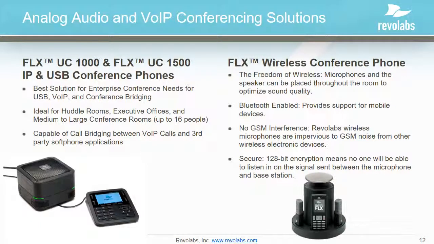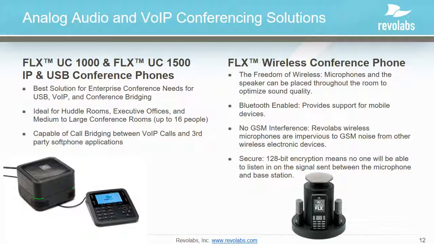The Flex wireless conference phone comes off of that concept of, oh yeah, we started our business in the wireless space. We have seen a need for wireless systems in small conference rooms or executive offices. This allows the microphones to be wherever the end user is. As you know, the closer the microphone is to you, the better the performance is. It is Bluetooth enabled, so you can support calling in with your mobile device. It pairs with your mobile device, and a lot of times I've seen executives use this as their mobile solution, mobile device pairing in their office.